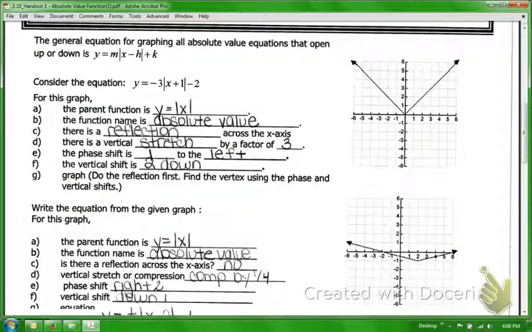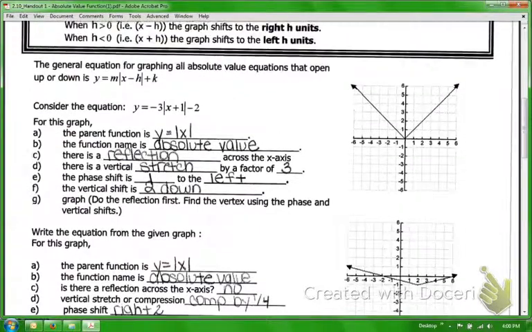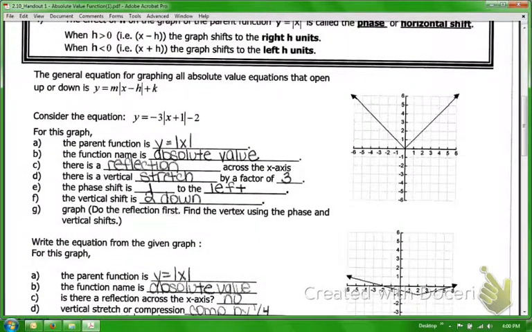Software's not cooperating. So the first thing we want to do is our reflection. So this opens to the top, and we're going to reflect it over the x-axis. So that's going to look like this. So we just reflected it.